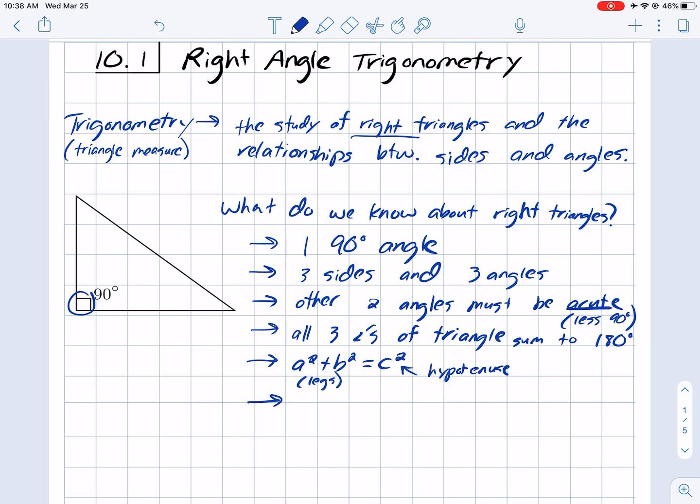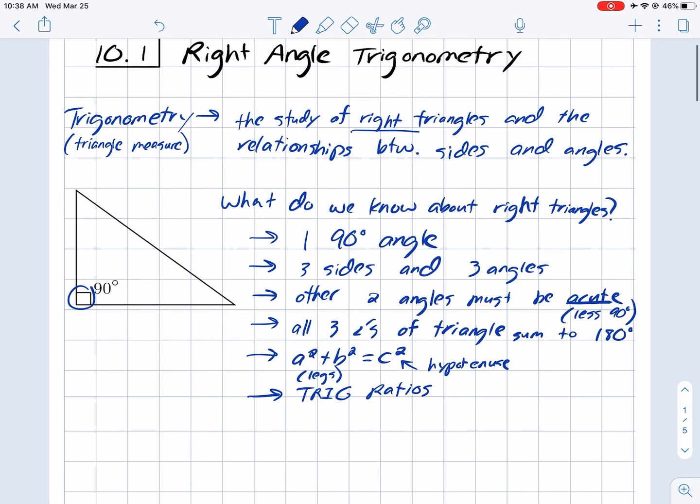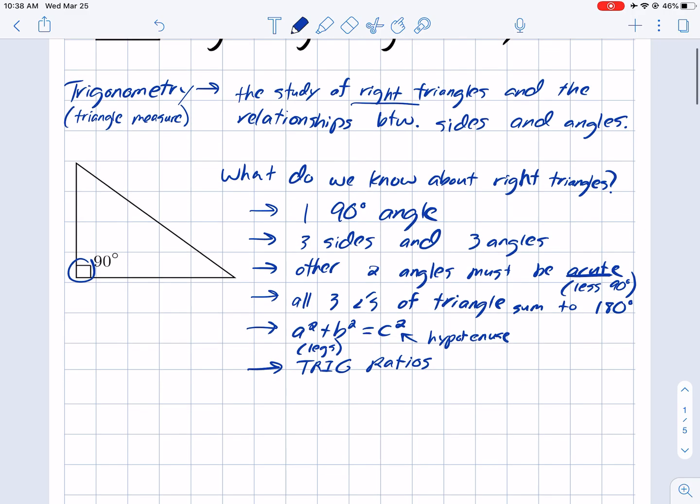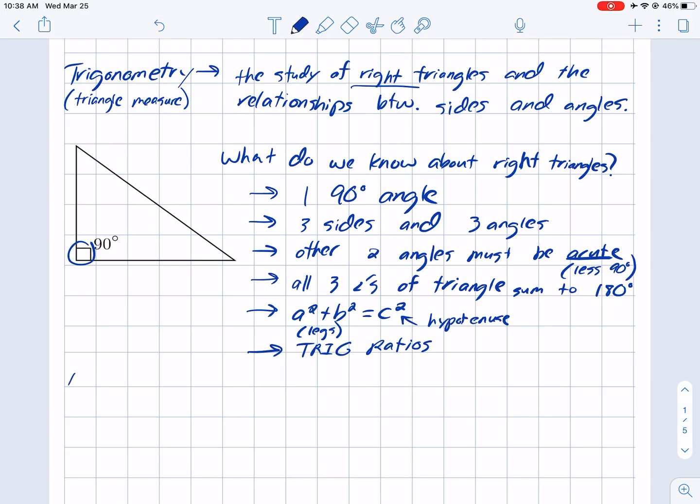And you might not have written this down, but trig ratios is something we're going to be using today, which is just a comparison of 2 lengths in a right triangle. So trig ratios is going to be our next definition, and we're going to have an emphasis on those comparisons of side lengths today in this lesson.